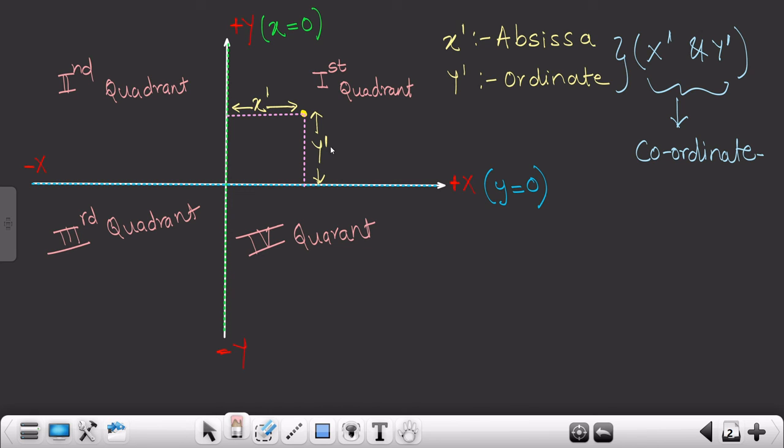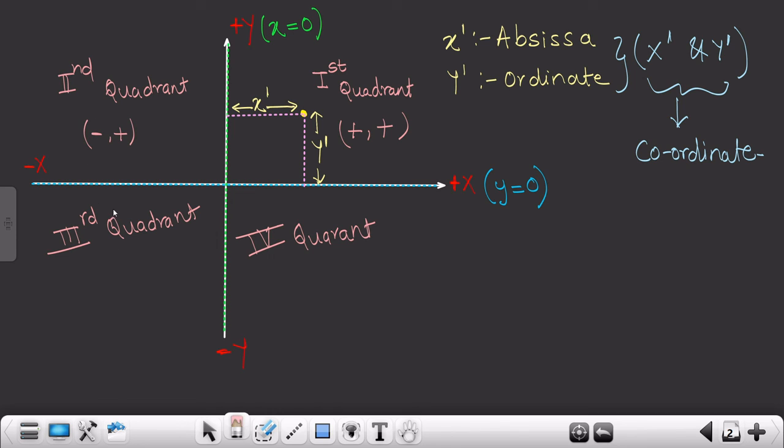We all know that over here the value of x is positive and the value of y is also positive. In the second quadrant, the value of x is negative but the value of y is positive, so it would be negative, positive.